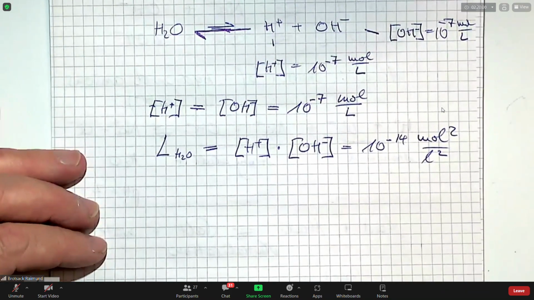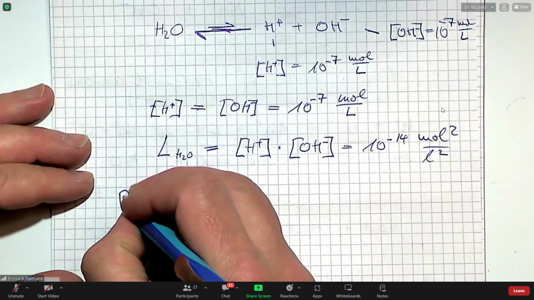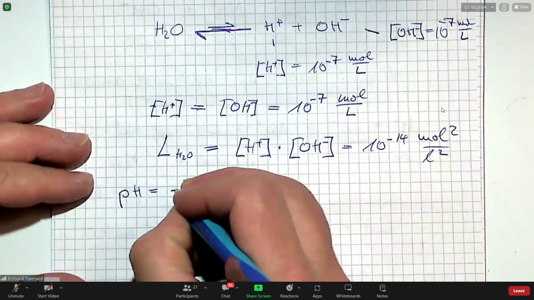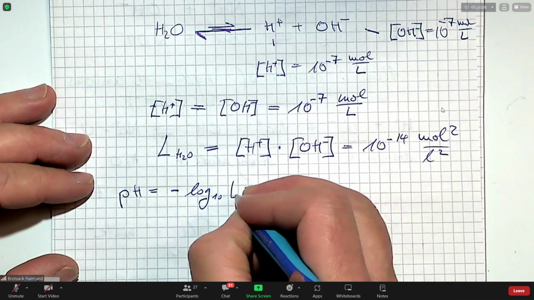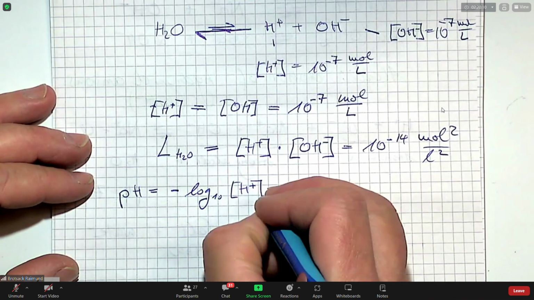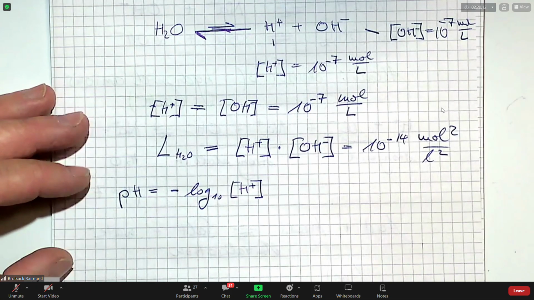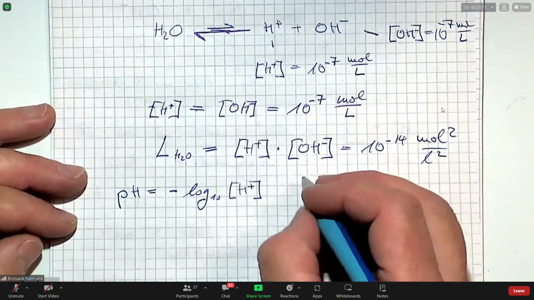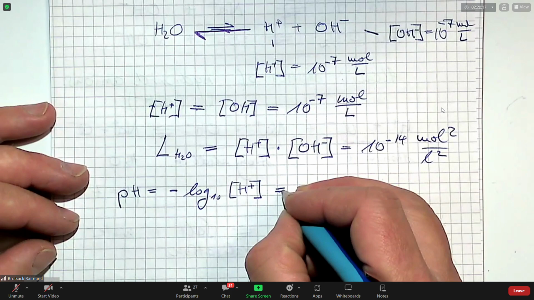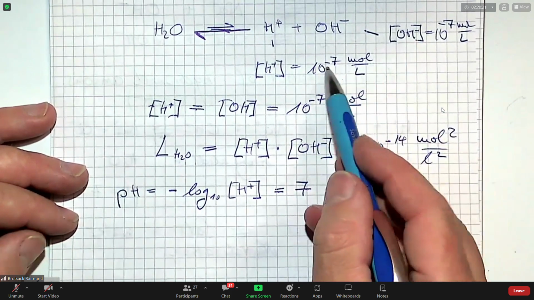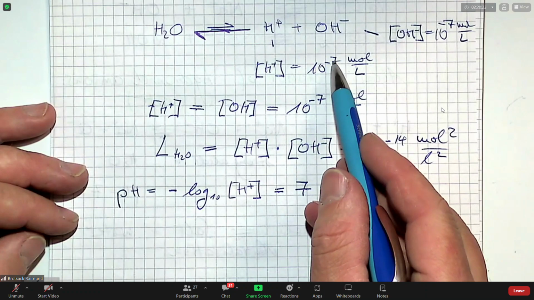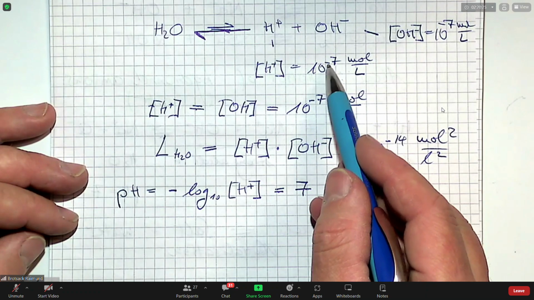And we already talked about the pH, defined as the negative logarithm to the base of 10 of the concentration of the H plus ions. And in a neutral solution, it is 7.